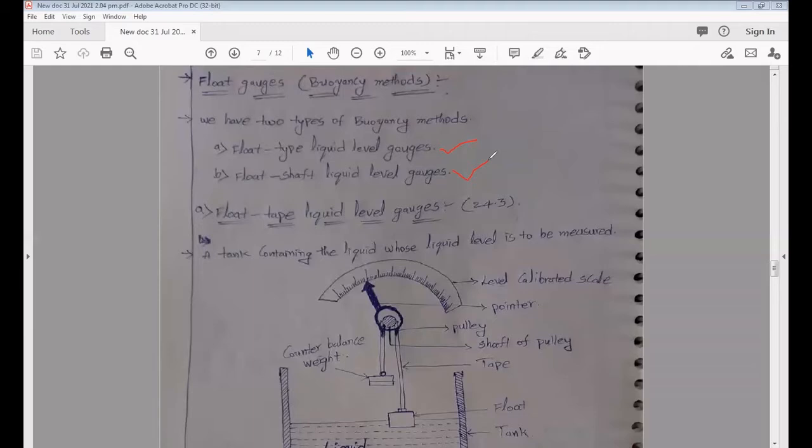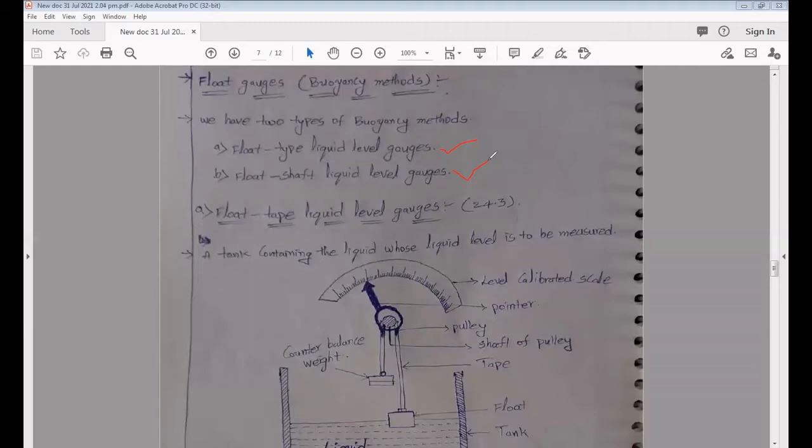Because of that, we need to measure the liquid in a different manner. Here we are taking two types: one is the flat type liquid level gauge, and the second one is the flat shaft liquid level gauge.